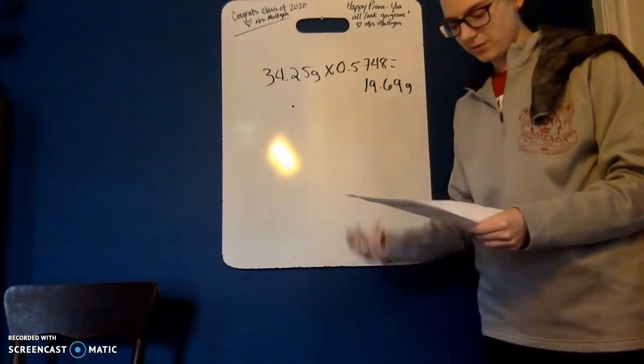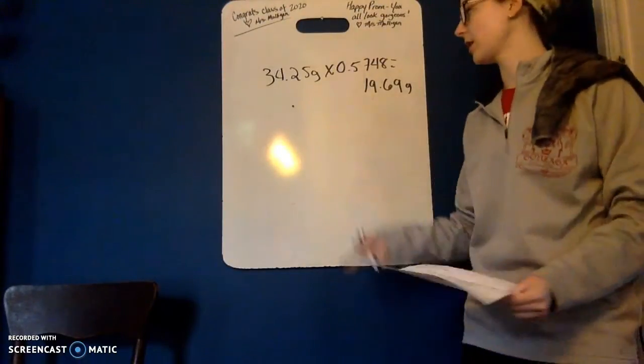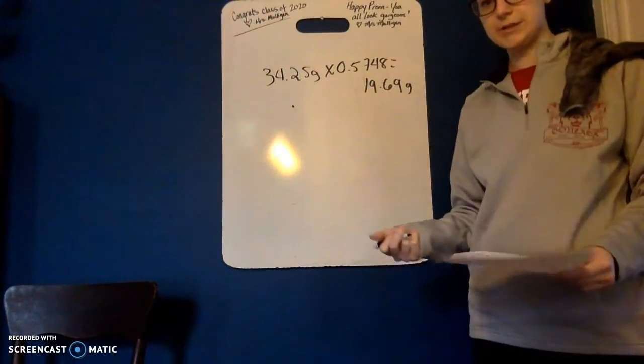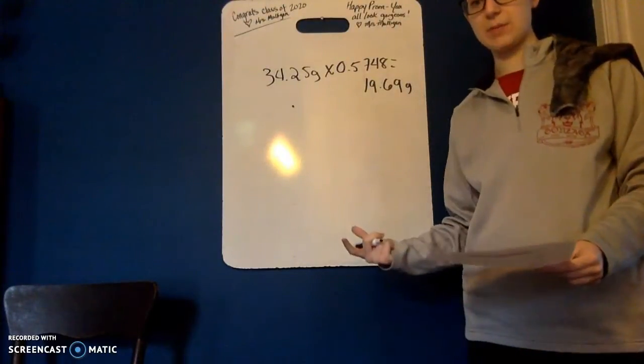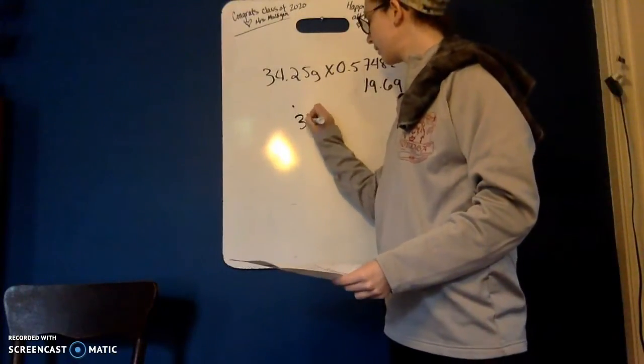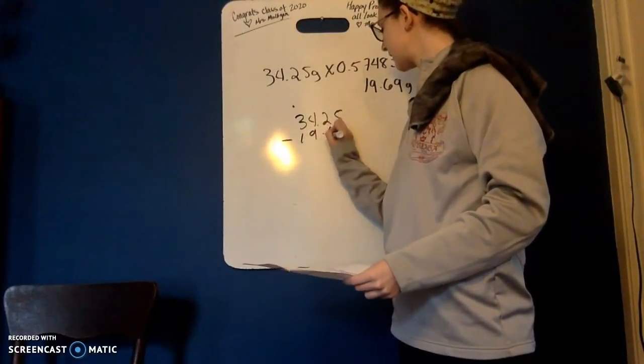To find the OH, you could add together the percents of oxygen and hydrogen, and multiply that by 34.25. Or what you can do, since the remainder of the compound is made up of oxygen and hydrogen, is you can take 34.25 and subtract 19.69.